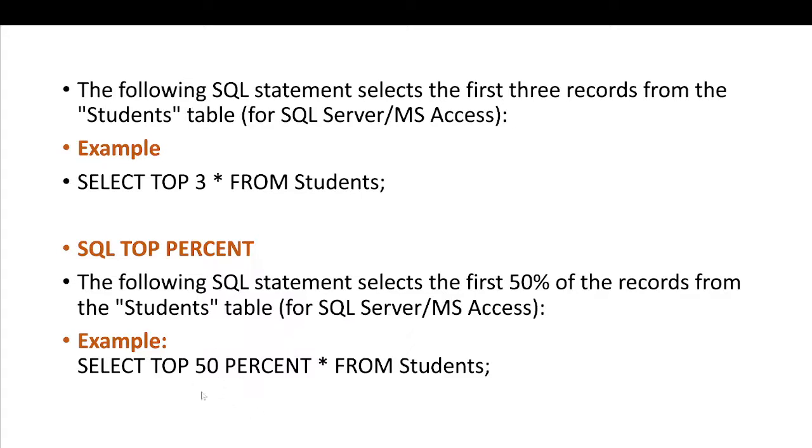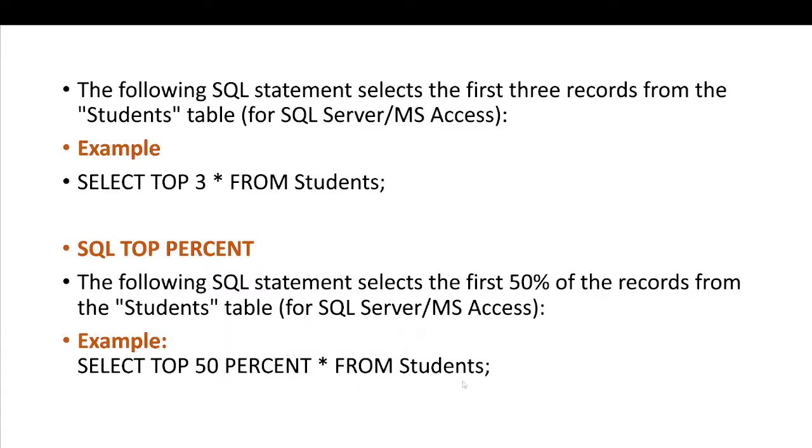So it will give the top 5 records. The point is you can give the number of records you want to get, or the top 50% of the records from that particular table.